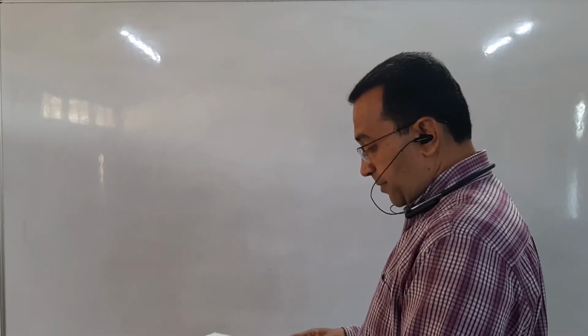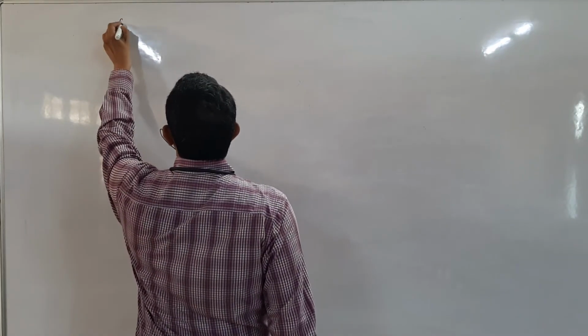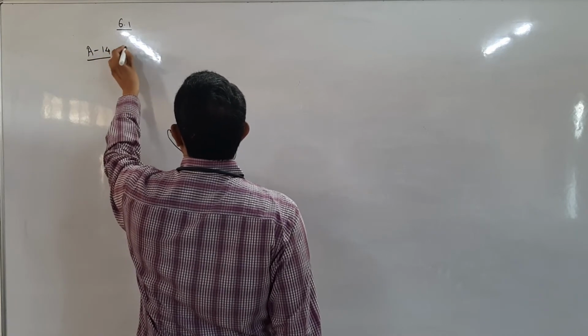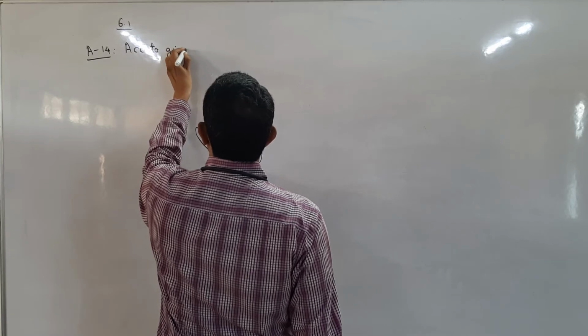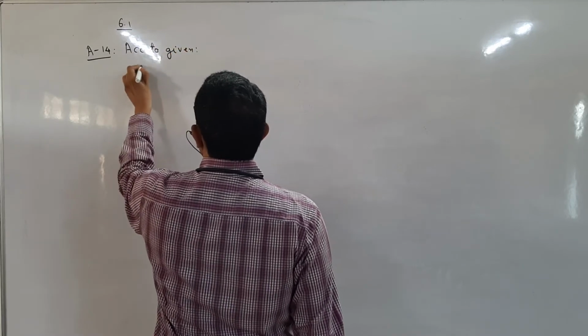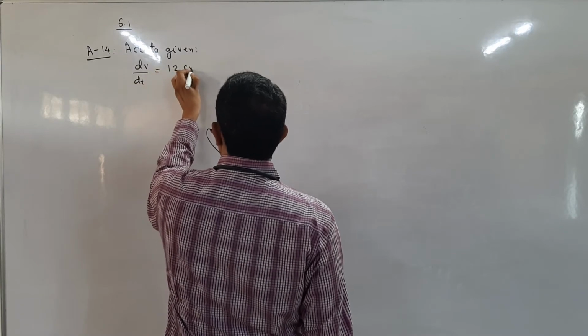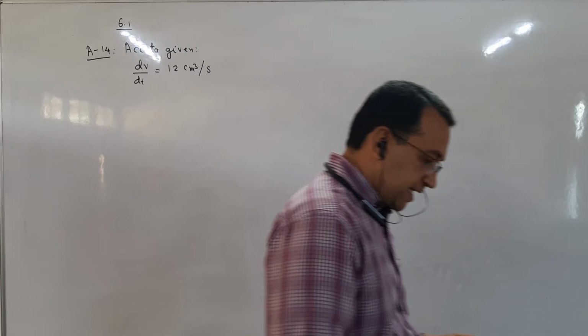Sand is pouring from a pipe at the rate of 12 centimeter cube per second. Exercise 6.1, answer 14. We collect the data: dV by dt is 12 centimeter cube per second.